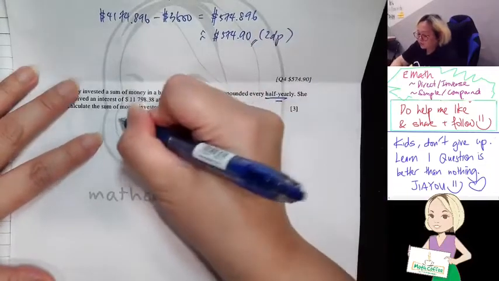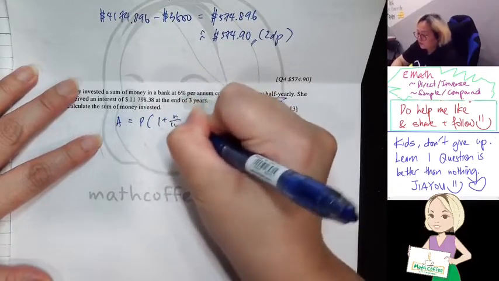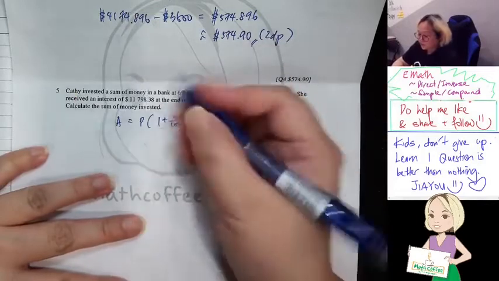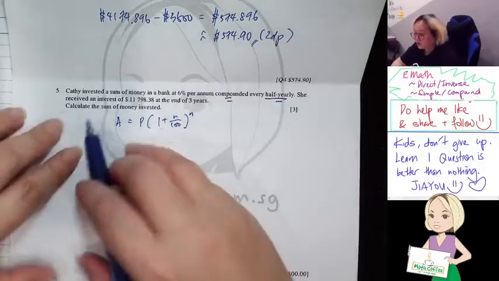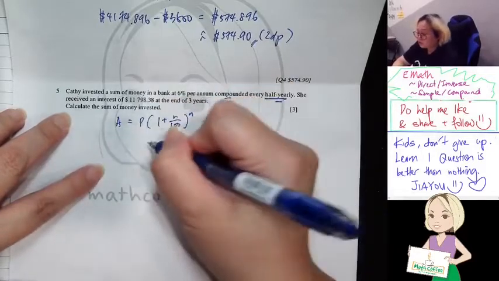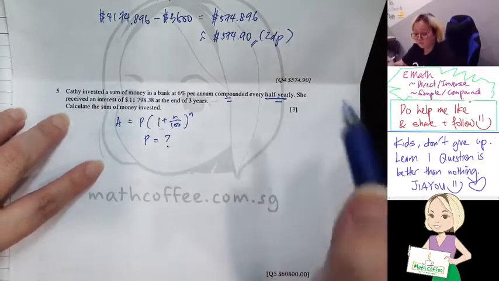First, this is compound. Half yearly is the same meaning as every 6 months. So I'm going to use the formula first: A equals P (1 plus r over 100) to the power of n. In this question, my P is unknown because you're supposed to find out the sum of money being invested. So this is a tough question because this time the principal amount is not given.